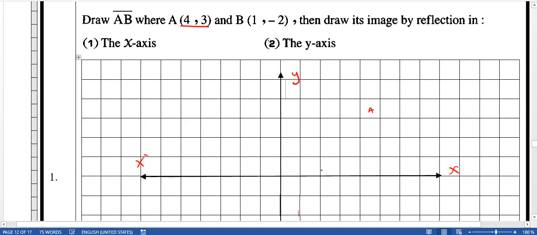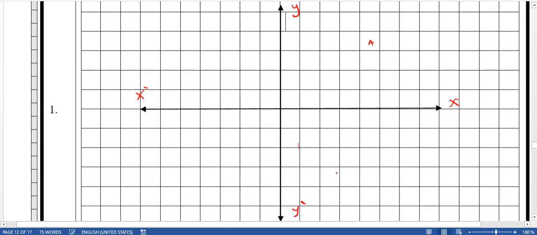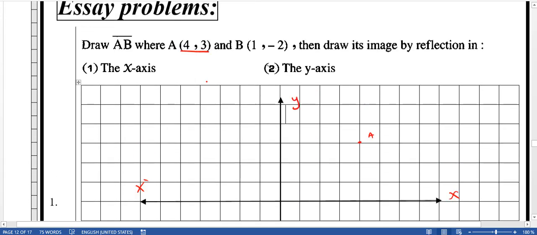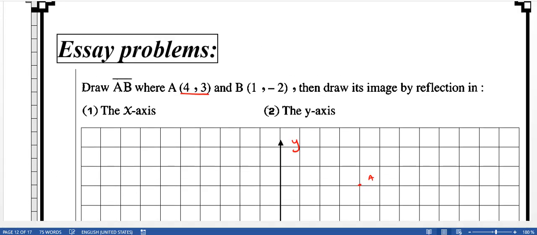This is A and this is B. This is (4, 3) and this is (1, -2). Okay, and we match these 2 points.